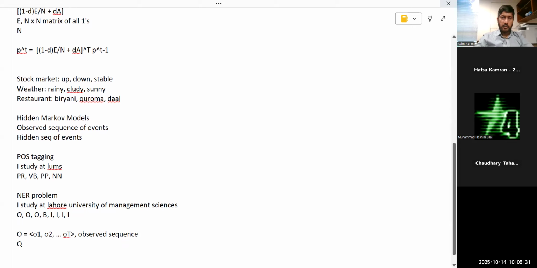And then you have the other sequence Q. This is Q1, Q2, QT. and this is the latent sequence. ठीक है? So this is the problem setting. अब इस problem setting में कई different tasks हो सकते हैं that you can solve. So we will discuss those.